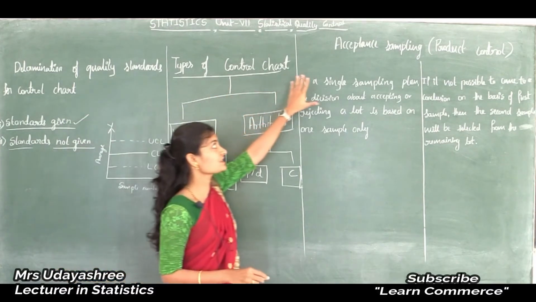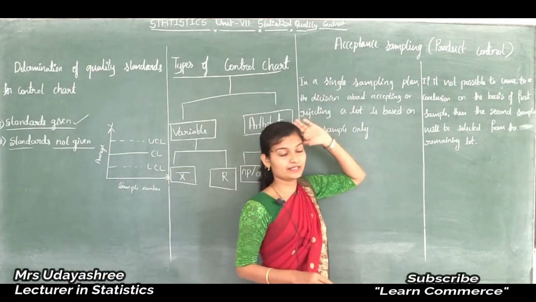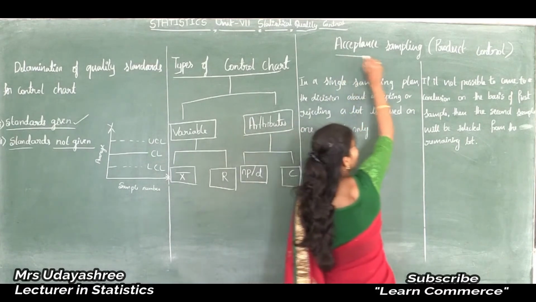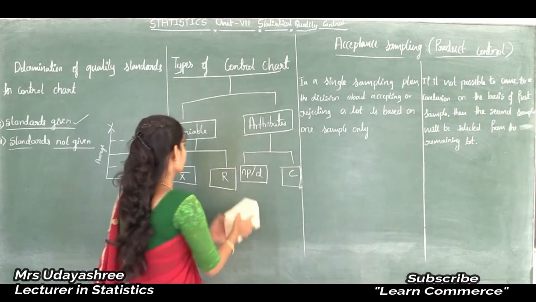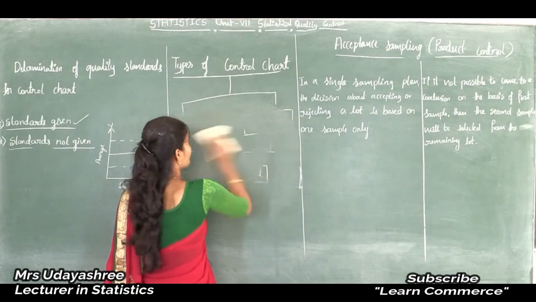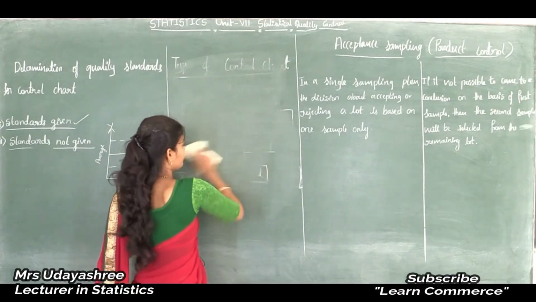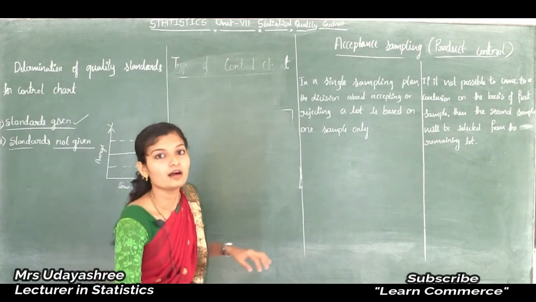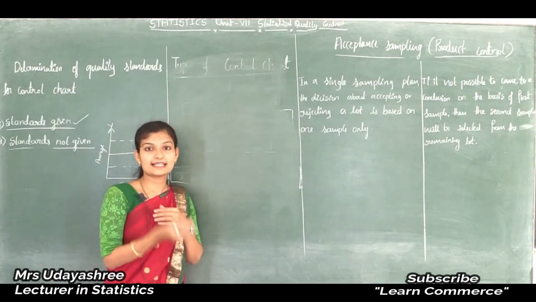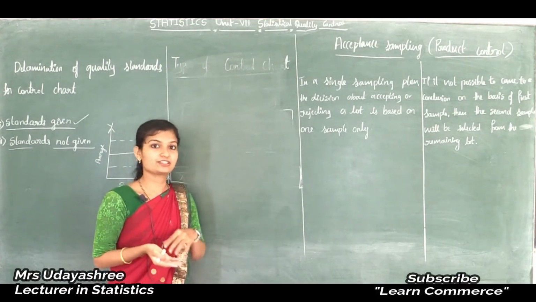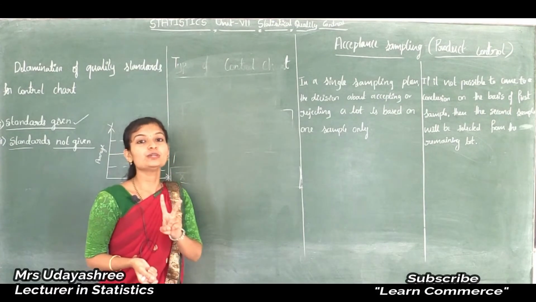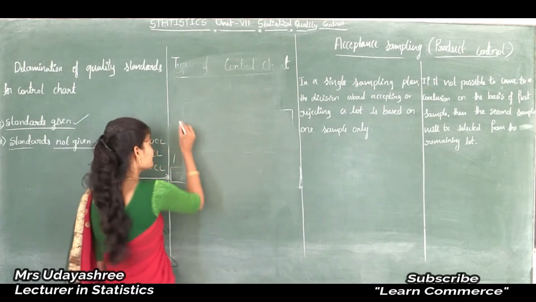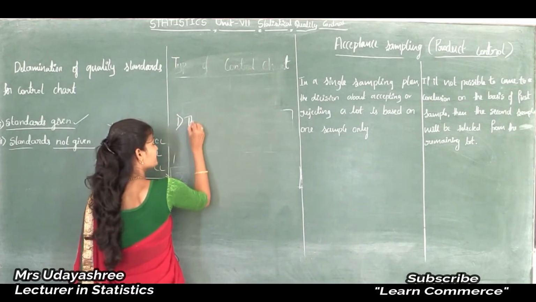Okay, next let's move to acceptance sampling. Acceptance sampling is also known as product control. The manufactured lot will be accepted after inspection and confirmation of quality standards. Here there are two important inspections. The first one is through 100% inspection.